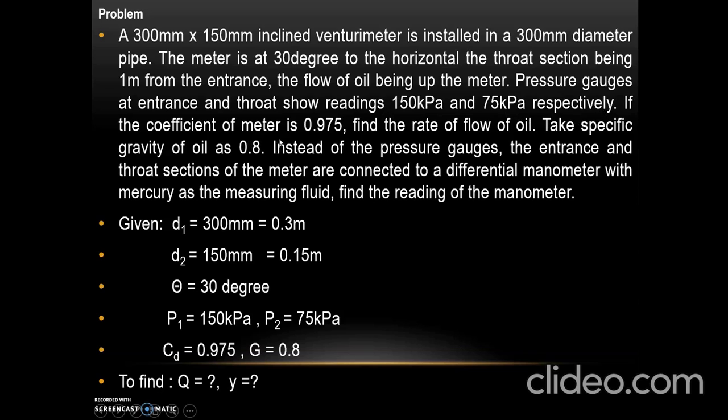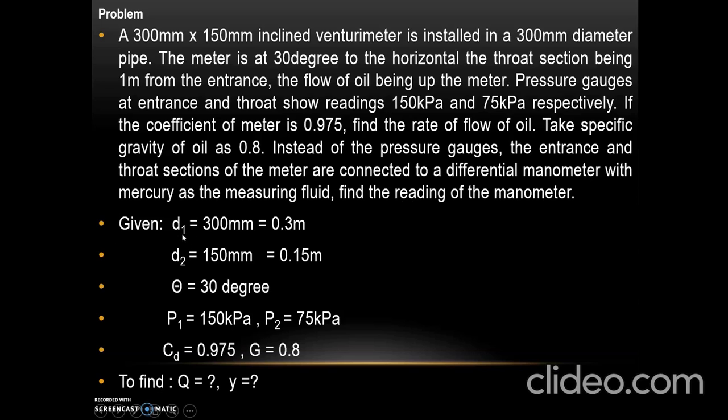If the coefficient of meter is 0.975, find the rate of flow of oil. Take specific gravity of oil as 0.8. Instead of the pressure gauges, the entrance and throat sections of the meter are connected to a differential manometer with mercury as the measuring fluid. We need to find the reading of the manometer.